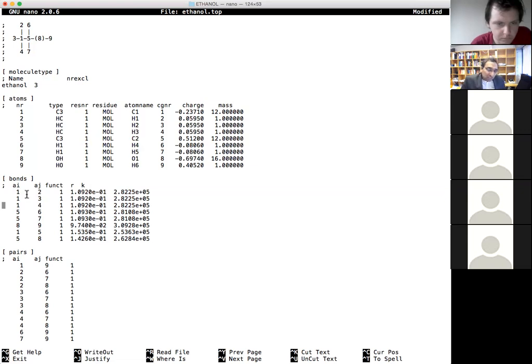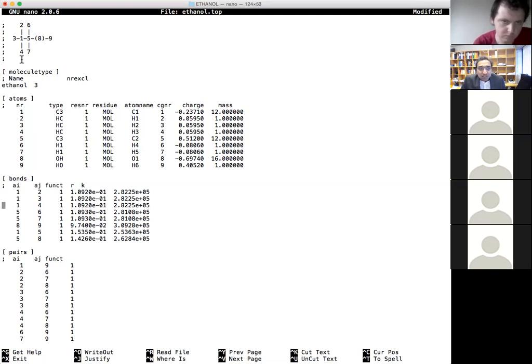Can anybody take a guess on why this is necessary? It has to do with the calculation of non-bonded interactions. So typically in simulations, we calculate van der Waals and electrostatic interactions for only those pairs of atoms which are more than 3 bonds apart.